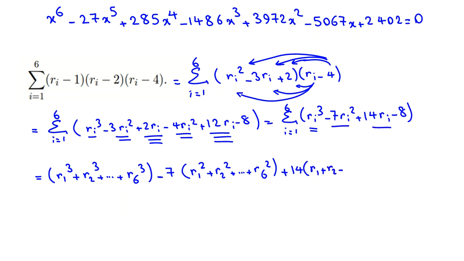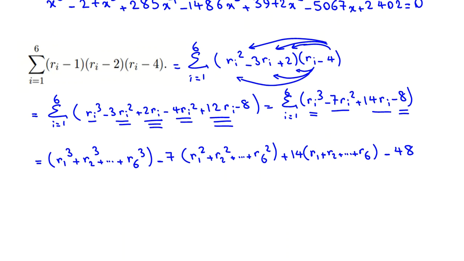And for each of them, we have negative 8, sum from i=1 to 6. So 6 times negative 8 will be negative 48.